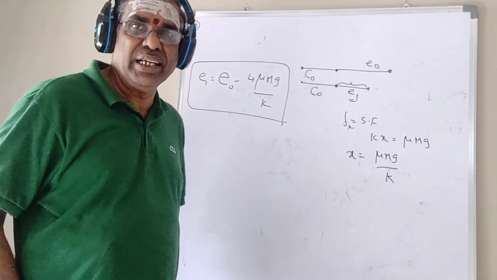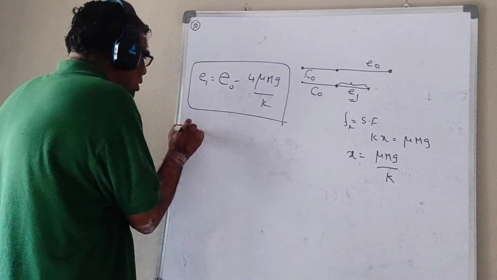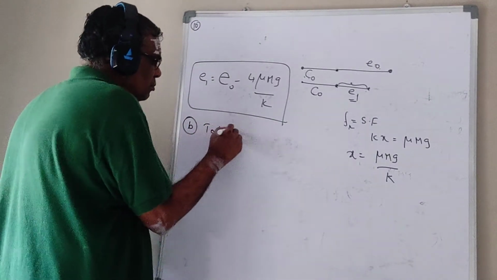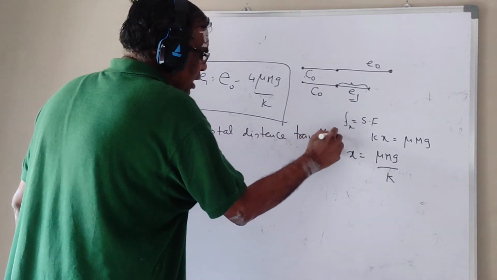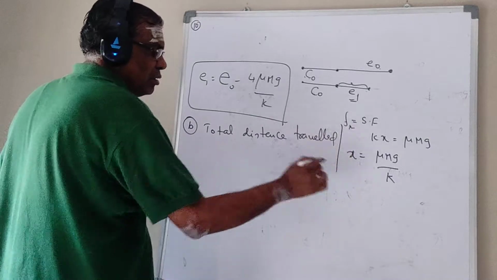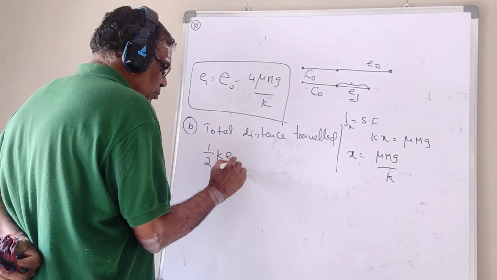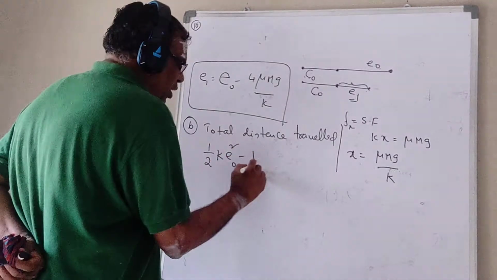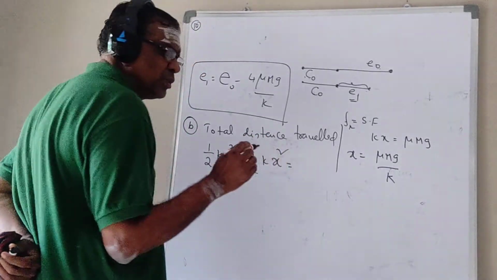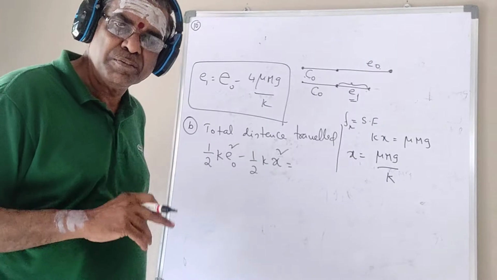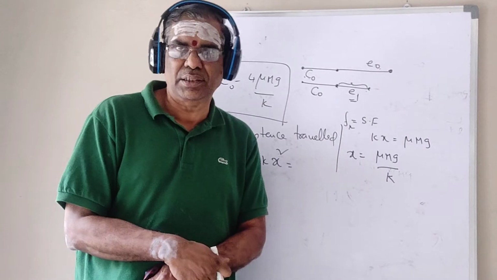In such a scenario, what is the total distance traveled by the body? That is the second question. How do you get it? Consider the initial potential energy and the final potential energy of the spring. Everything is spent doing work against friction, and the frictional force magnitude is constant.